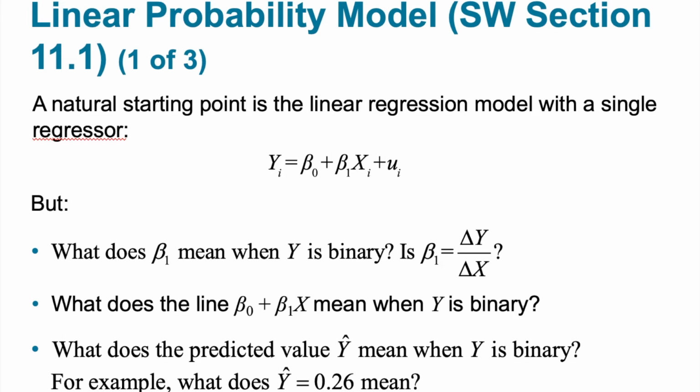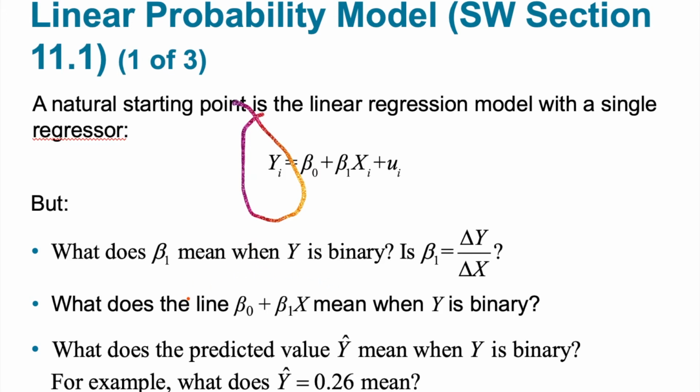So the linear probability model is a natural starting point in thinking about binary dependent variables. And we'll look at the linear probability model with a single regressor, where yi is going to be our binary dependent variable. yi will only take on one of two values. And beta 1 is going to be the explanatory coefficient.